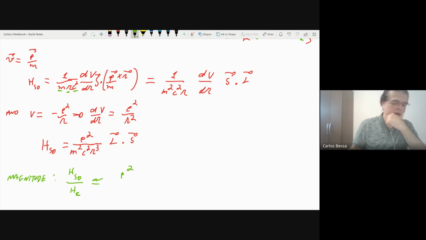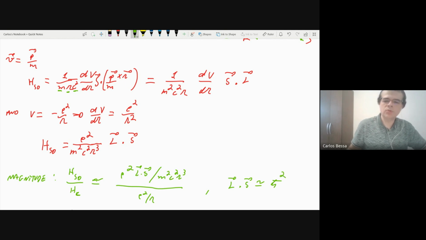e squared S by m squared c squared r cubed, and the Coulombian term is this term. In general, I don't have time to show this, L and S are about h bar; in fact, h bar squared, because both are of the order of h bar.